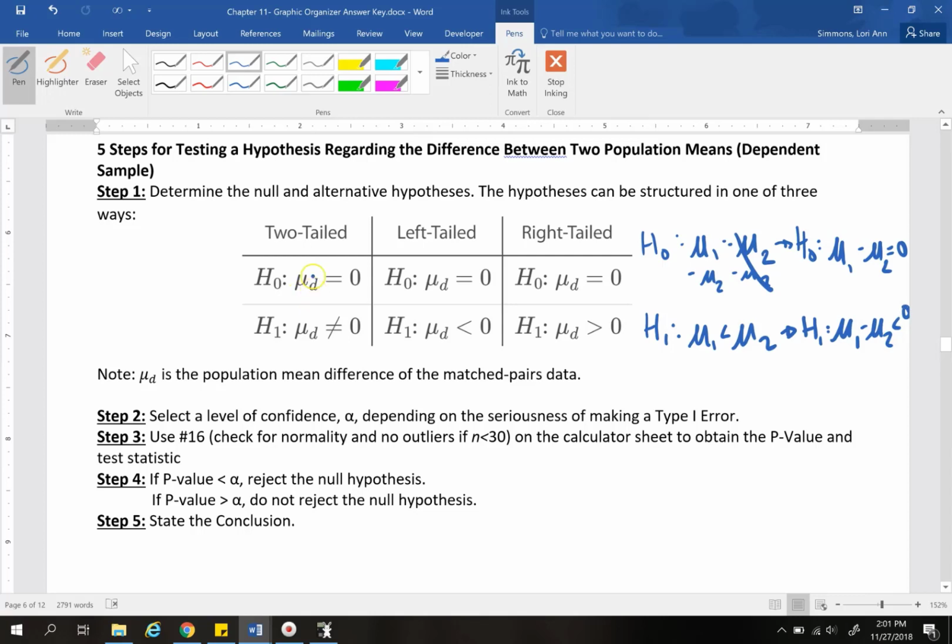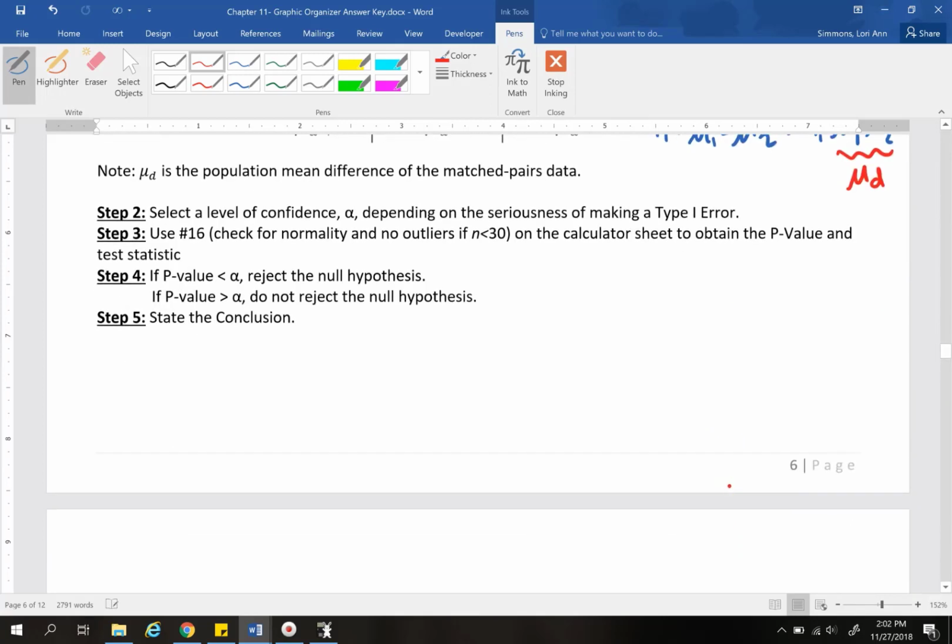So here, this d just represents this mu difference. Instead of writing out mu sub 1 minus mu sub 2, it's written as mu sub d. So just know that it can be written this way as well. It may be helpful for when you put information into your calculator.